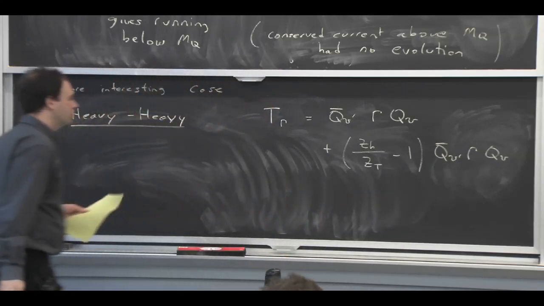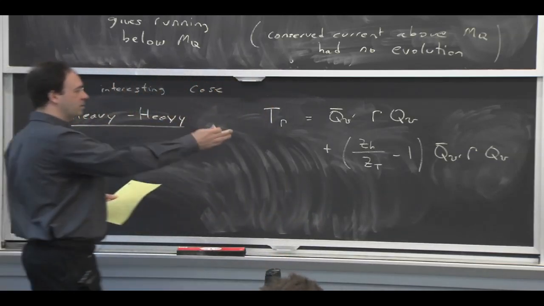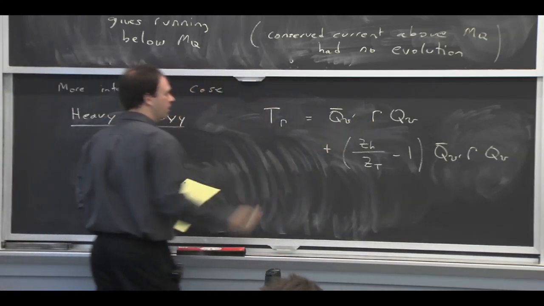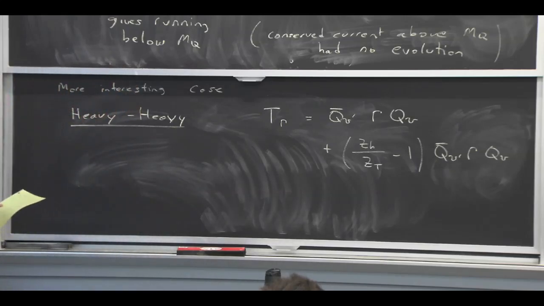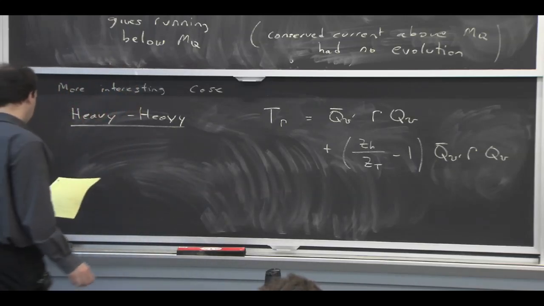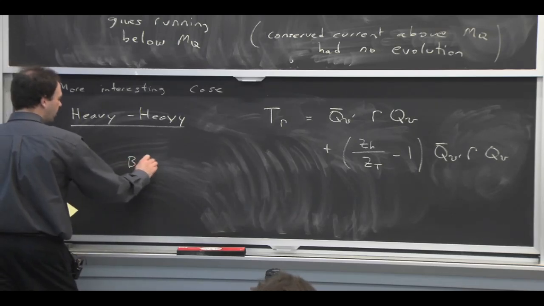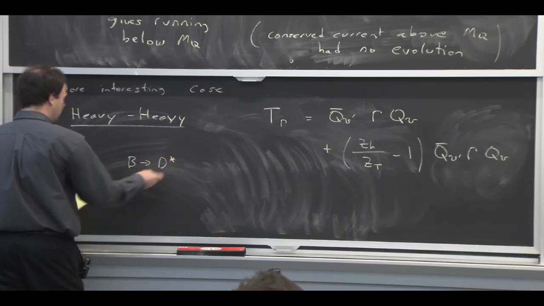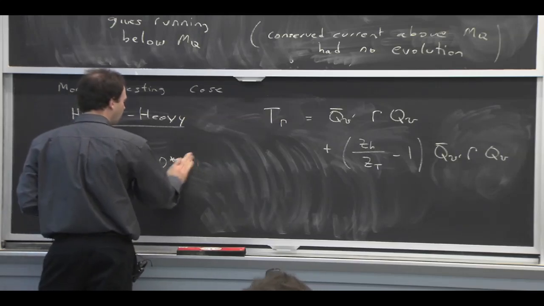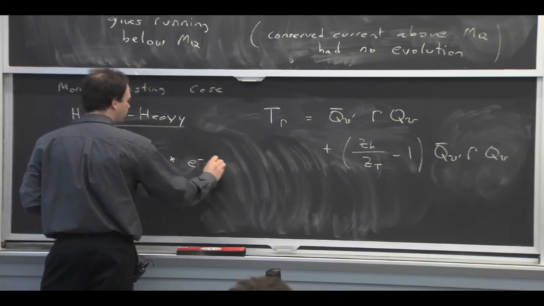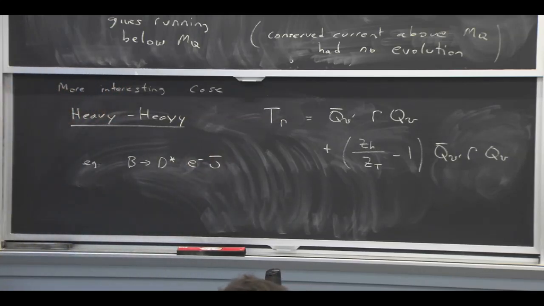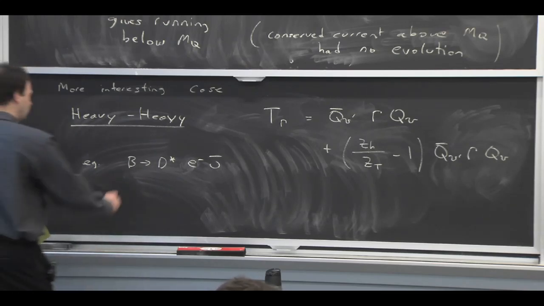So I have these two types of structures. Now I don't have a ZQ, but I have two heavy quarks, so I have root ZH, which is just ZH. So an example of this would be something like a B meson changing to, say, a D star meson, an electron, and a neutrino. So having a charm quark replace our up quark.